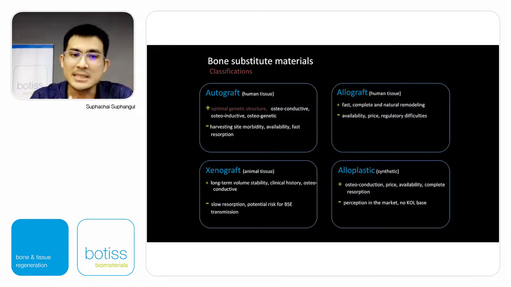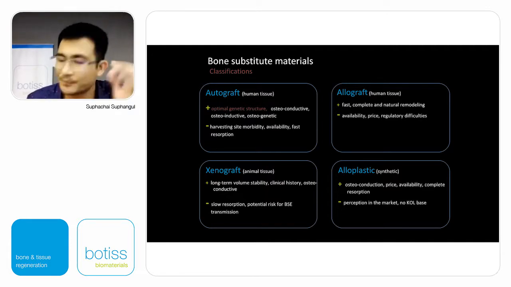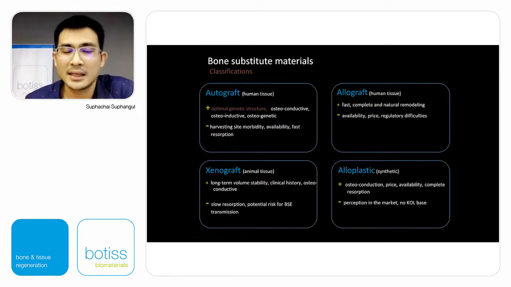The good thing is it has very good properties for volume stability. The disadvantages are slow resorption and the potential for some transmissible disease such as BSE. But I will explain more about the process of preparing the Xenograft that can destroy the BSE.